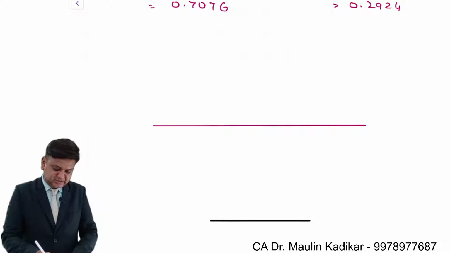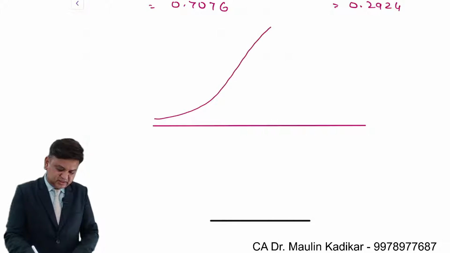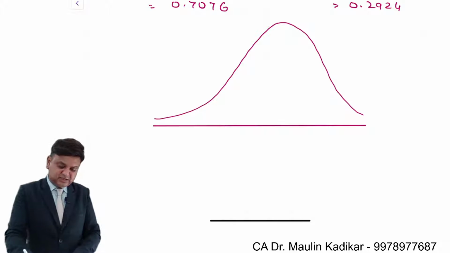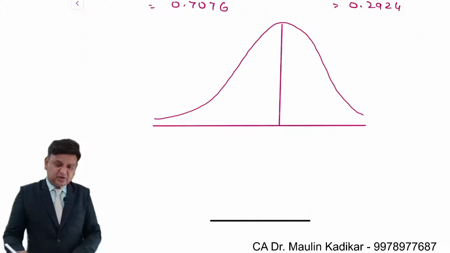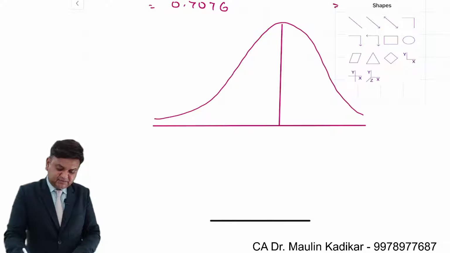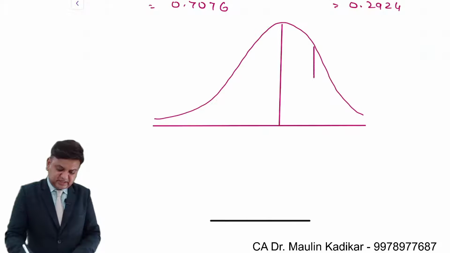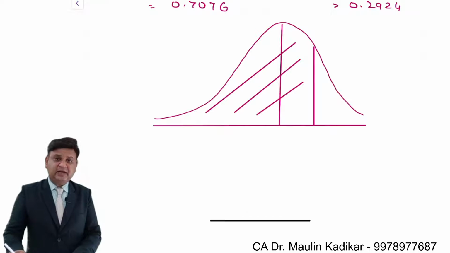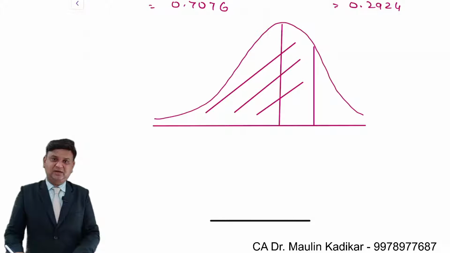As I told you, this is basically a bell-shaped diagram representing the normal probability distribution. If the D1 value is positive, then we are interested in this area. That is the reason the D1 reading from the Z table is added to 0.5 for the calculation of ND1.